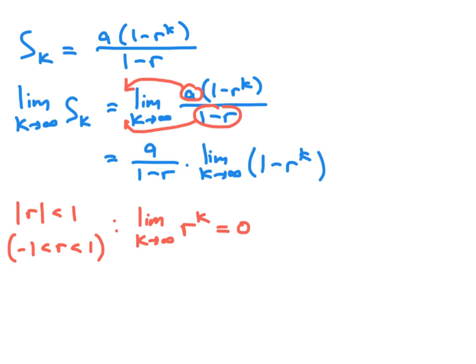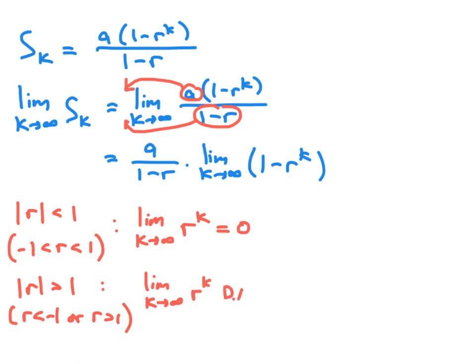On the other hand, if the absolute value of r is greater than 1, in other words, if r is less than -1 or r is greater than 1, if either of those cases is taking place, then our limit as k goes to infinity of r to the k will not exist. This will be a divergent limit.